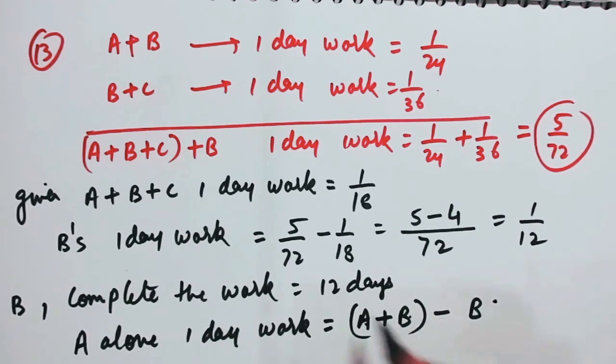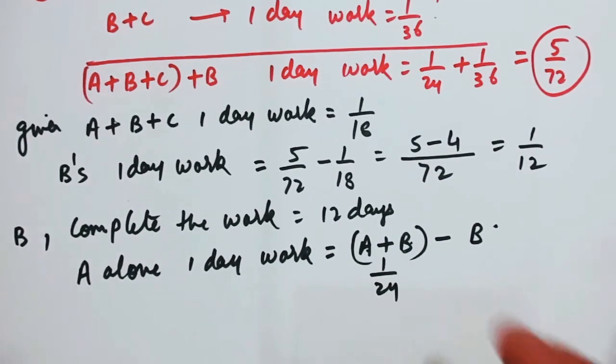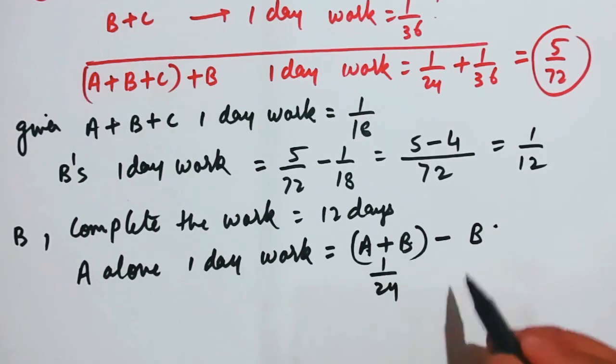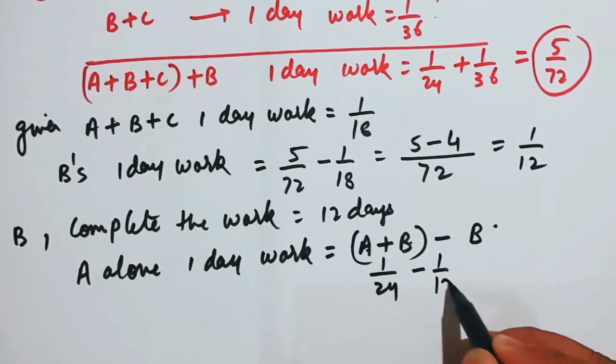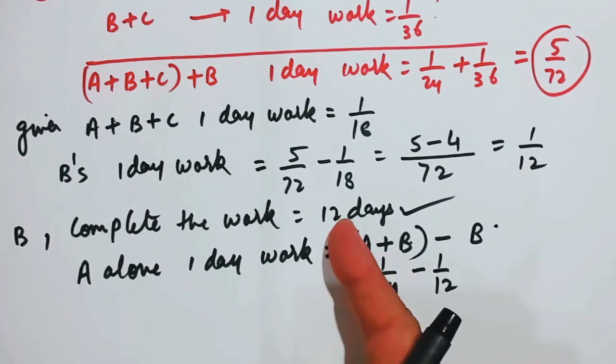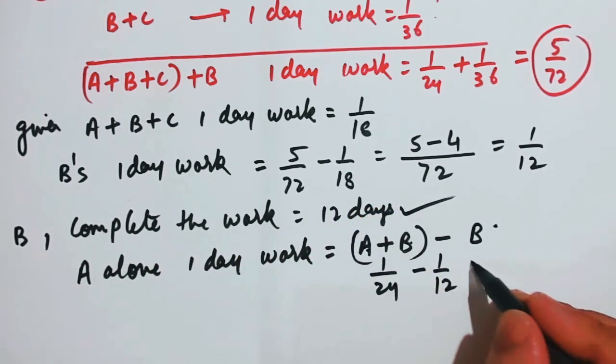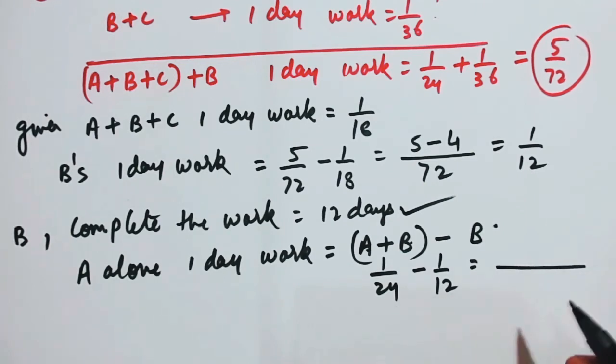So A plus B one day work is equal to 1 by 24, while B one day work is equal to how much? B can complete the work in 12 days, so one day work is equal to 1 by 12. So let us subtract this. What will you get?